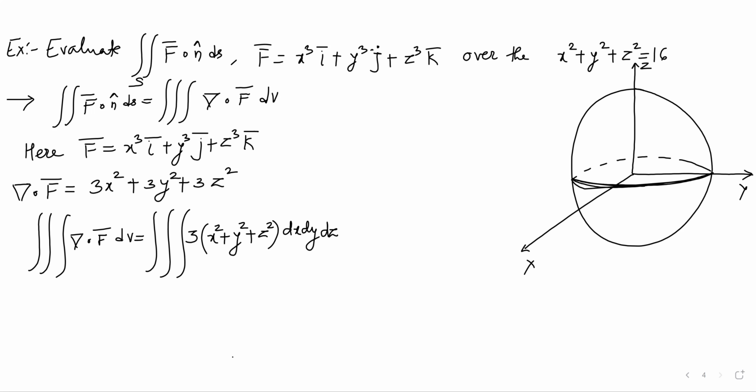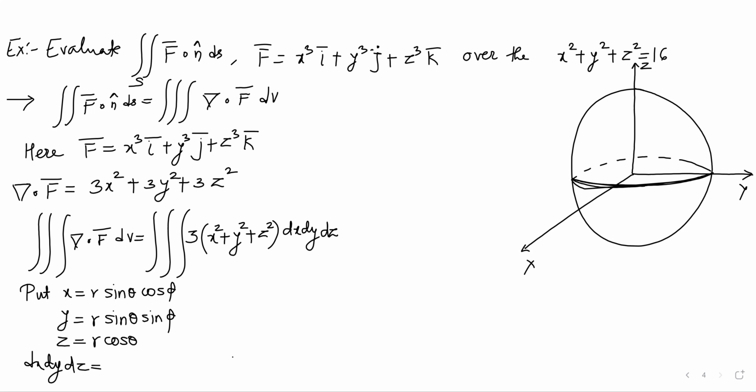We substitute x is equal to r sin theta cos phi, y is equal to r sin theta sin phi, and z is equal to r cos theta. And what is dx dy dz? This dx dy dz you get from the Jacobian, by taking the Jacobian of xyz with respect to r theta phi, the transformed volume. When you calculate that Jacobian, you get r square sine theta dr d theta d phi.